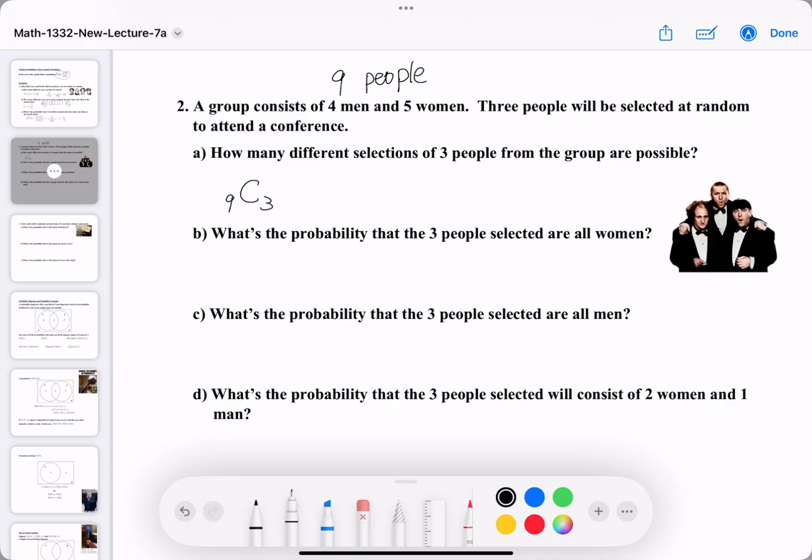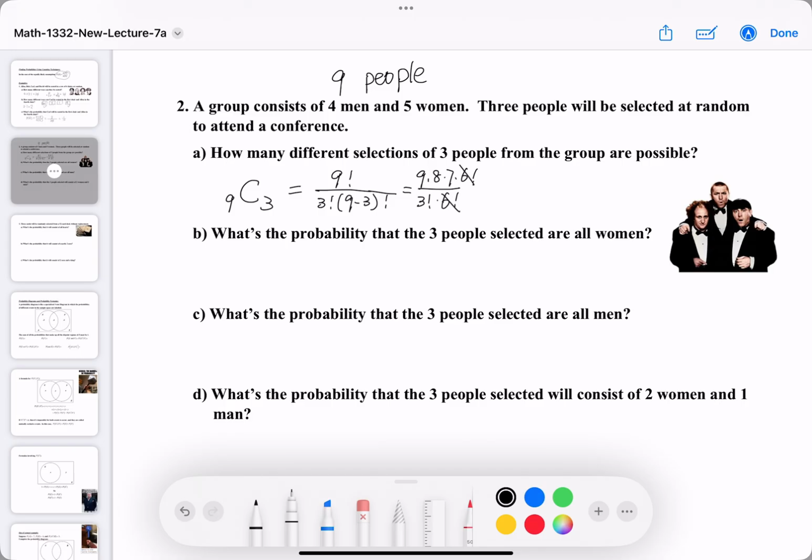So order doesn't matter, and we use combinations. What is the combination formula? We have 9 factorial over 3 factorial times (9 minus 3) factorial. The bottom is 3 factorial times 6 factorial. The top is 9 times 8 times 7 times 6 factorial.